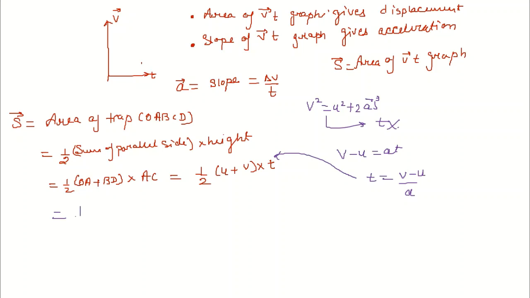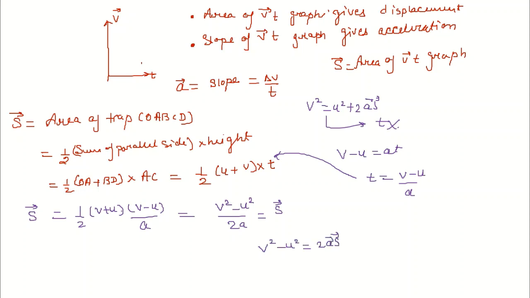So it is half, v plus u, into v minus u, upon a. If I multiply a plus b into a minus b, it will be a square minus b square, so it is v square minus u square upon 2a, and that is nothing but s. So we got our third equation of motion as well, that is v square is equal to u square plus twice as.